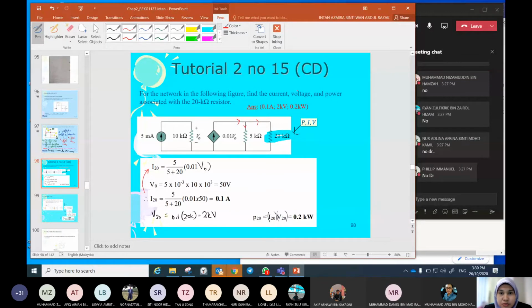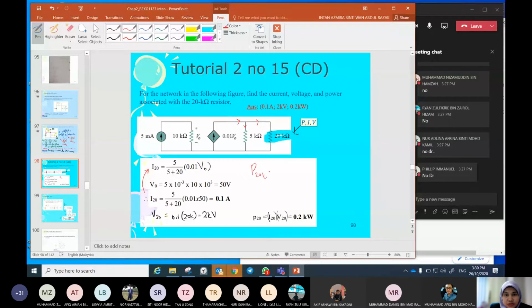And then how about the power P? We can use P is equal to IV because we have current here and we have voltage here. Or you can use I square R as well, okay?